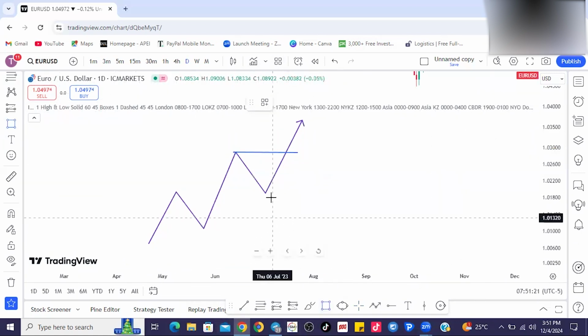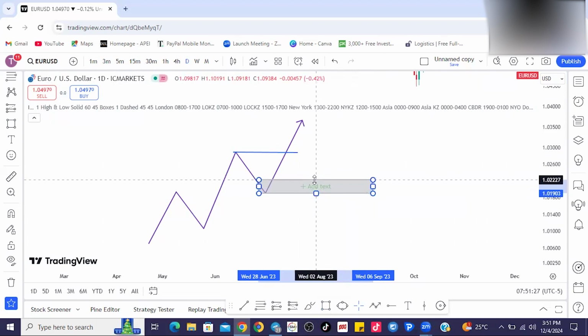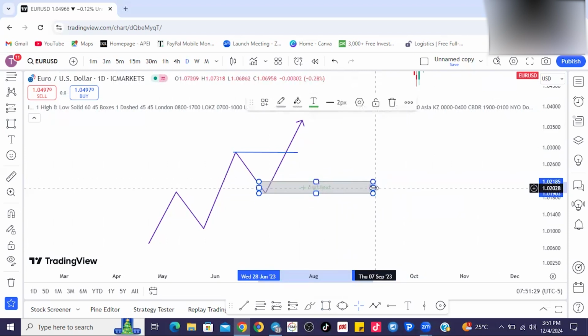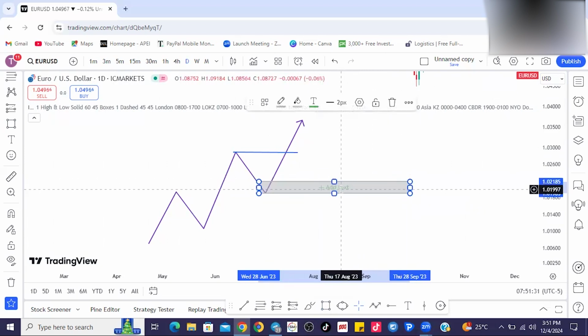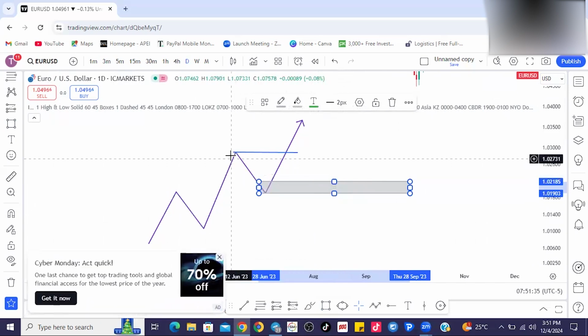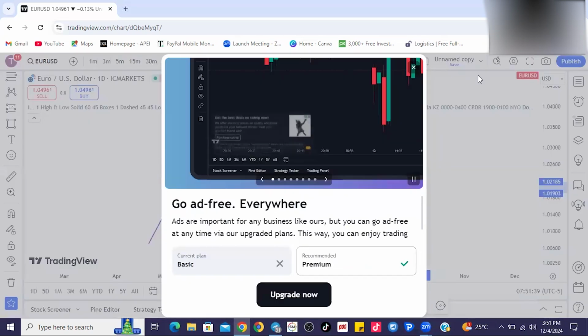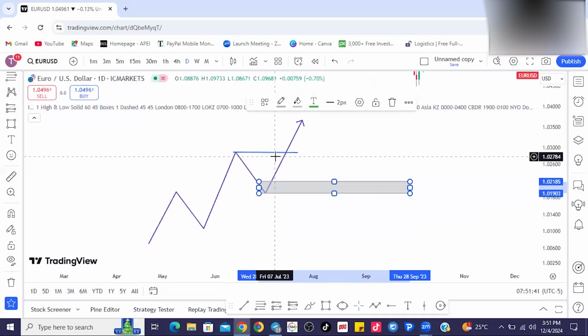So let's say this is where we have our last sell candle before the price moving higher. This is the point where we have a bullish order block. Remember the first condition, there has to be a BMS or liquidity sweep or run on liquidity, as you can see here.